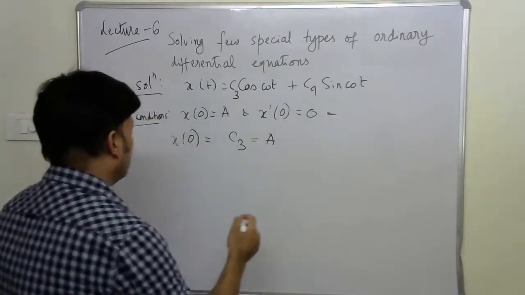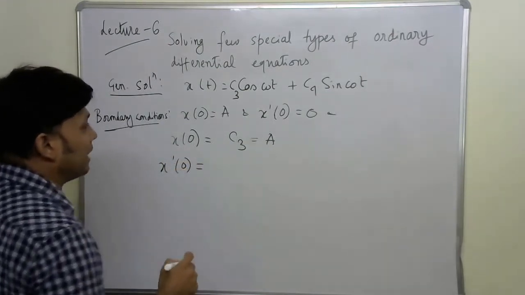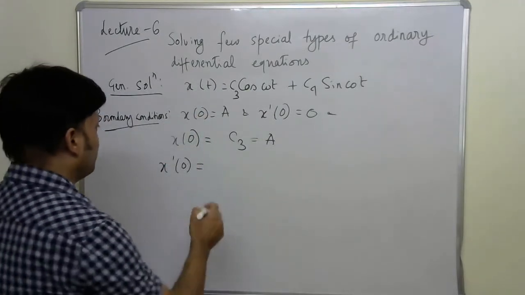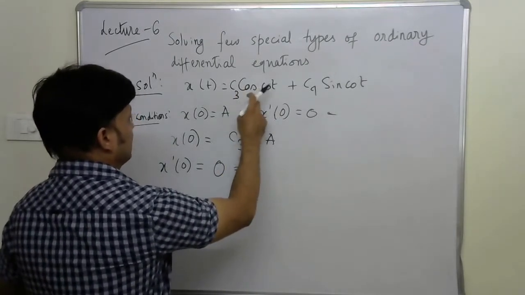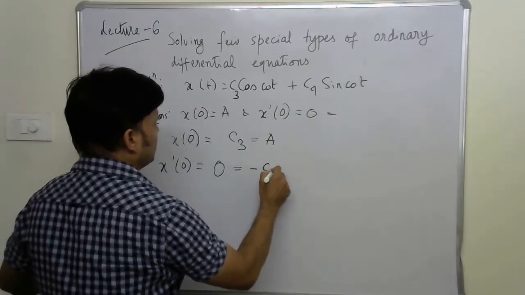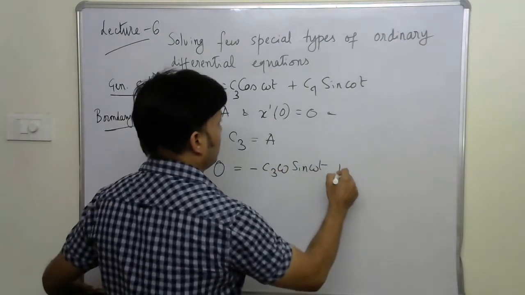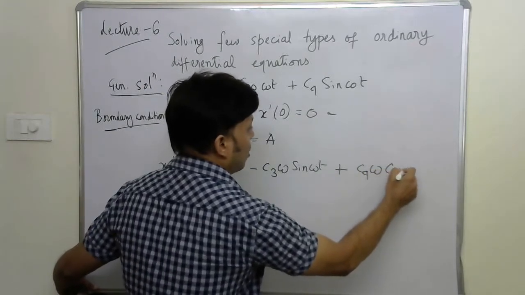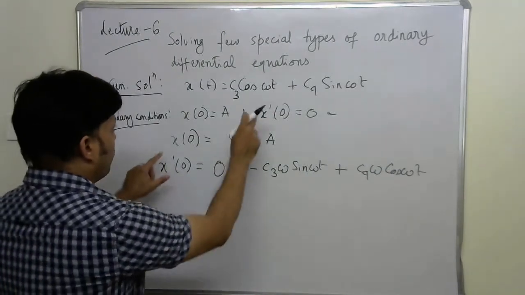So now let's solve the second part by taking the second condition. The second condition says that x prime 0, that means the first derivative of this equation at time t is equal to 0, becomes 0. So what's that first derivative? Of course, if we take the first derivative of this, it becomes minus c3 omega sin omega t plus c4 omega cos omega t.